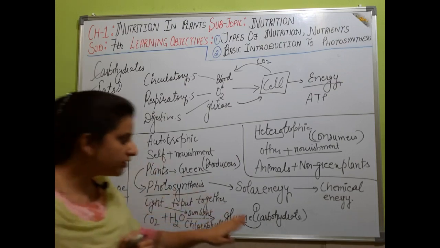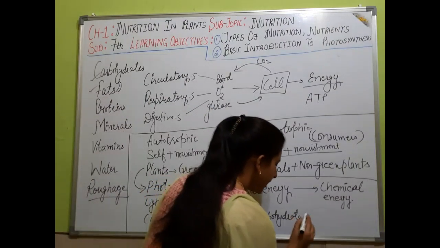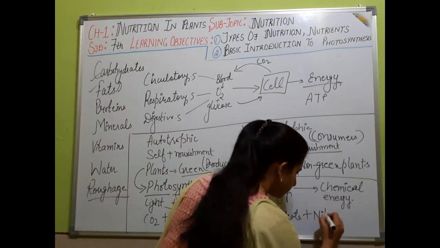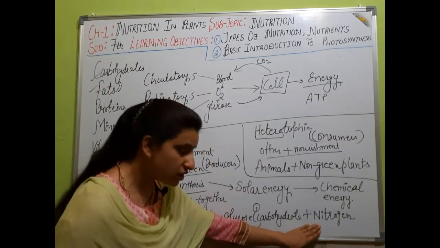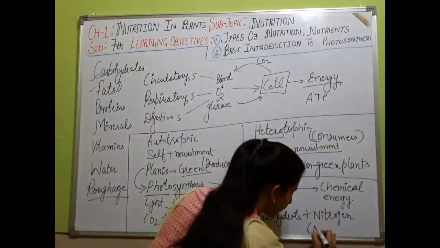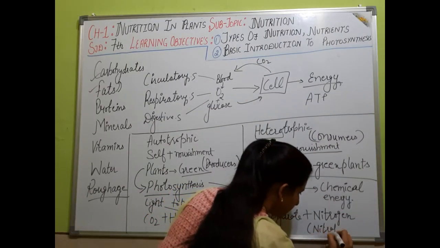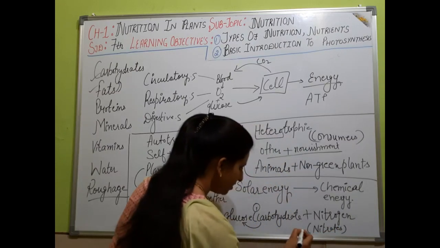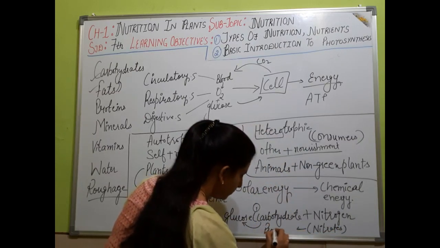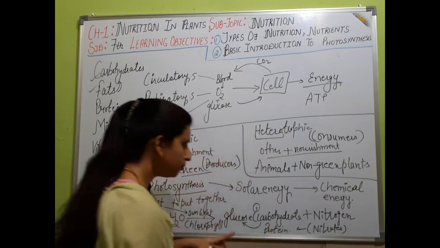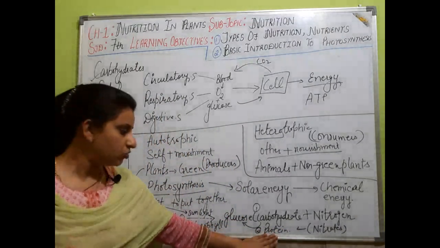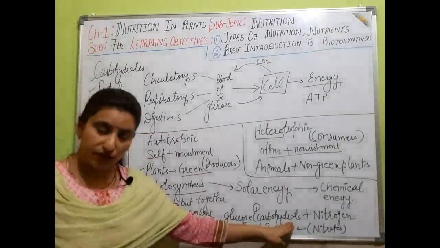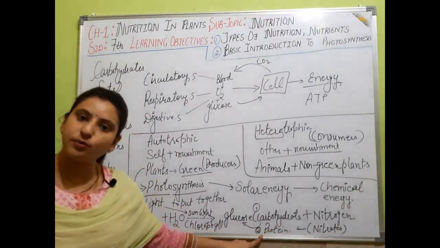This carbohydrate will combine with nitrogen, and when it combines with nitrogen in the form of nitrates, it will give us protein. So both components we got. First we got carbohydrate, second we got protein.